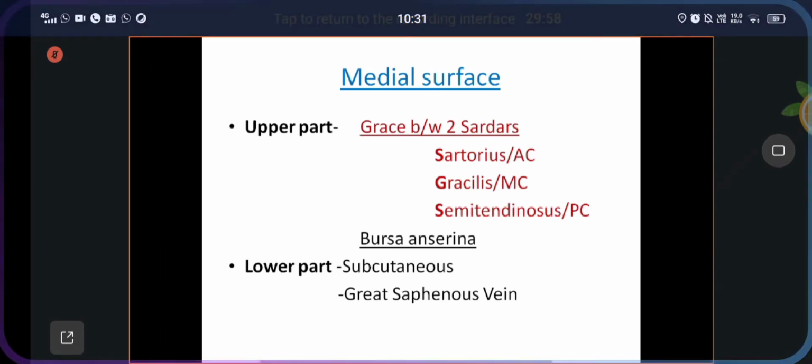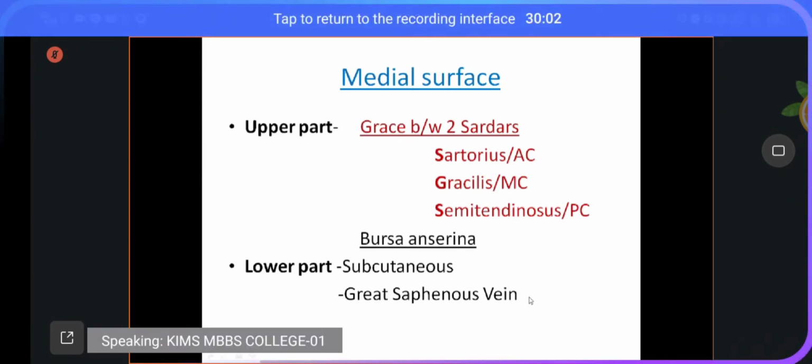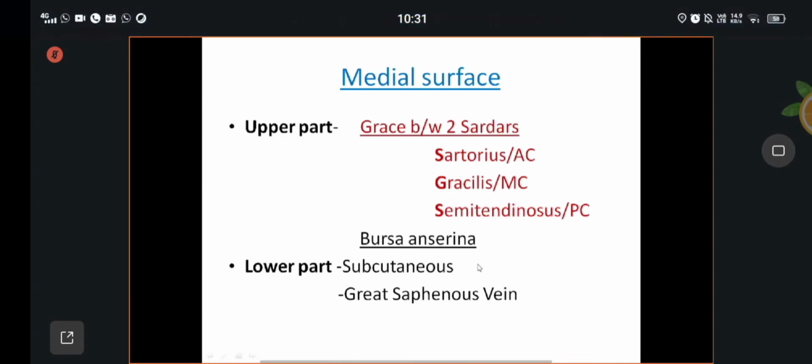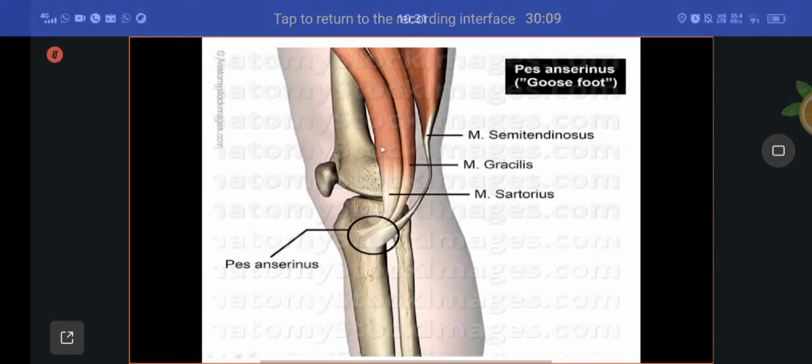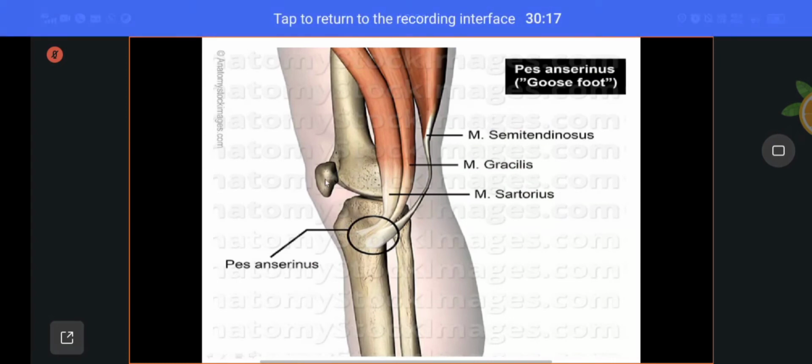And lower part subcutaneous means covered only by the skin and the superficial vein. This is very, very important. The most important vein in the entire lower limb, the great saphenous vein, equal to the cephalic vein of the upper limb. These three muscles, this is the upper end of medial surface of the tibia.